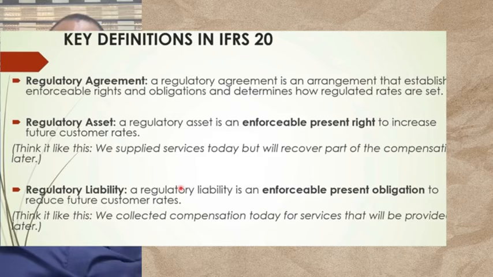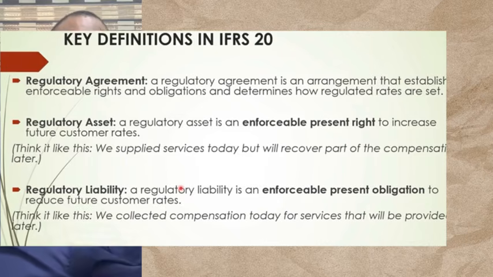And there's also an enforceable obligation, where the agreement forces the company to give services for money already collected. So one is an asset and the other is a liability. There's a right and an obligation, and both are enforceable. The regulatory agreement takes charge of all of this and also states the regulated rate. There is always a regulated rate.